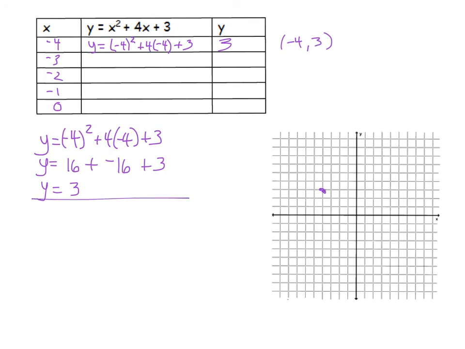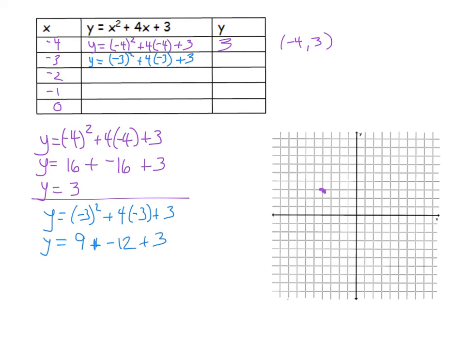All right, so let's try the next one. This time we're going to plug -3 in for both x's. So y equals -3 squared plus 4 times -3 plus 3. So to simplify this, -3 squared, well, -3 times -3 is positive 9, not -9, plus 4 times -3 is -12, plus 3.